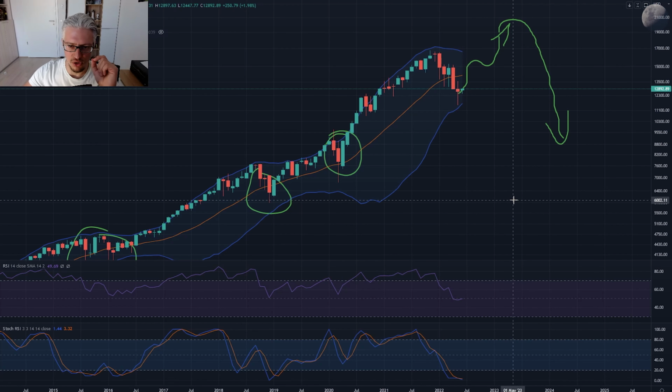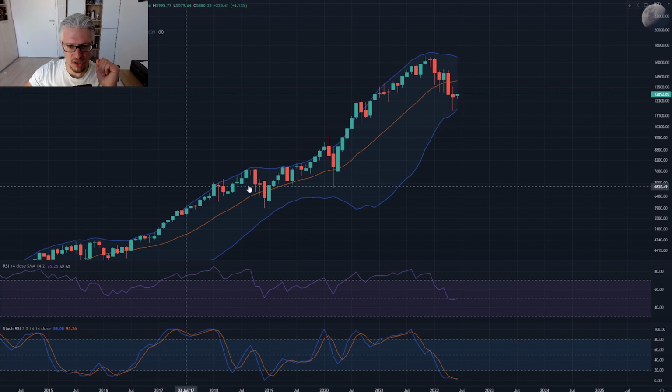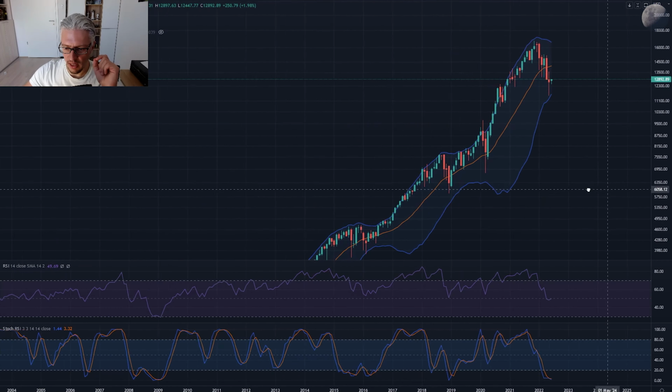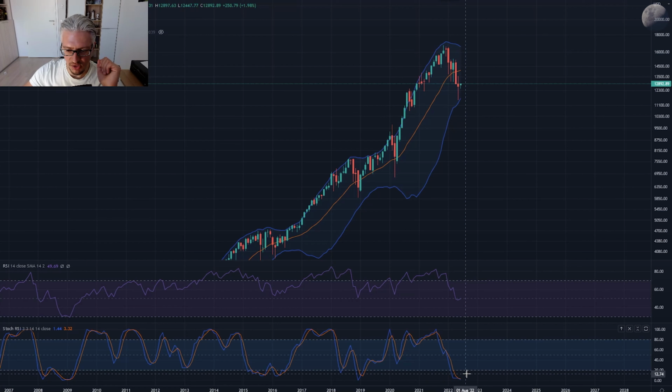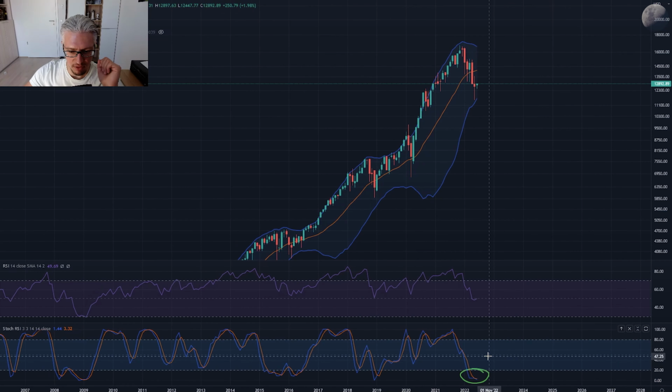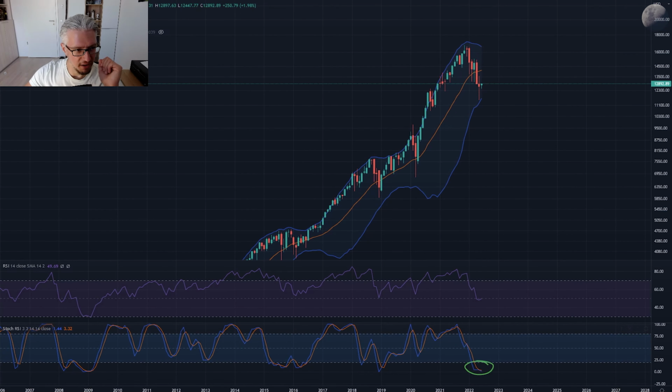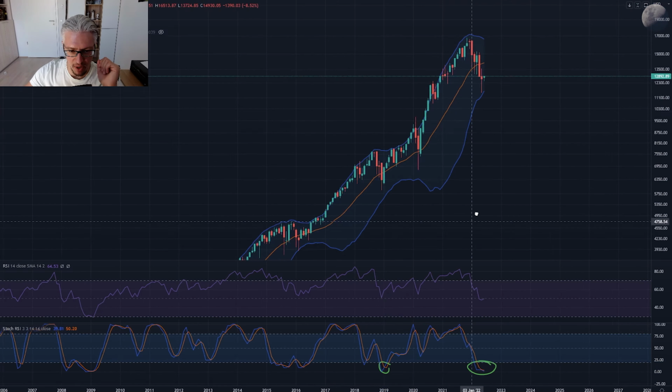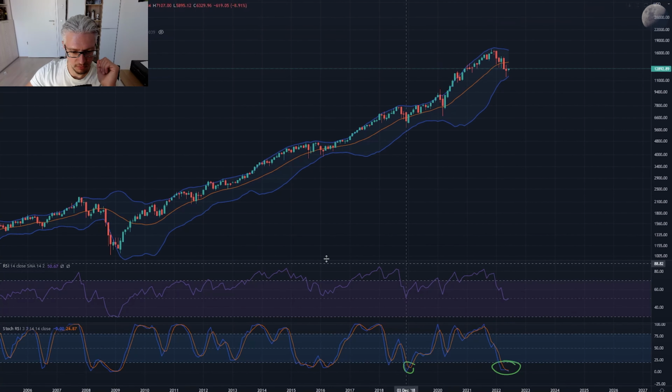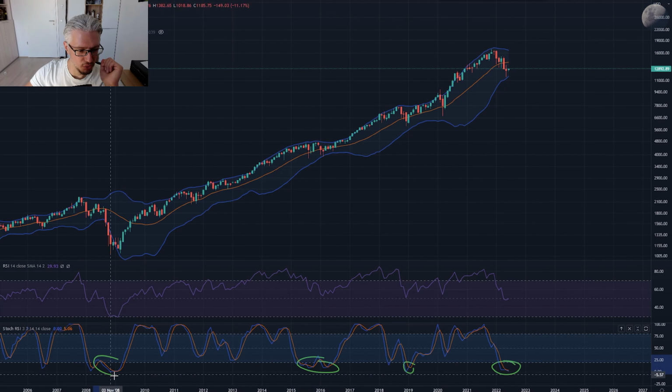So the Nasdaq is looking really good, and we see that the stochastic RSI in the monthly chart of the Nasdaq is getting to zero, insanely oversold levels. And the last times we have seen such insanely oversold levels was in March 2019, was in the whole 2015-2016 area, and was in 2008.